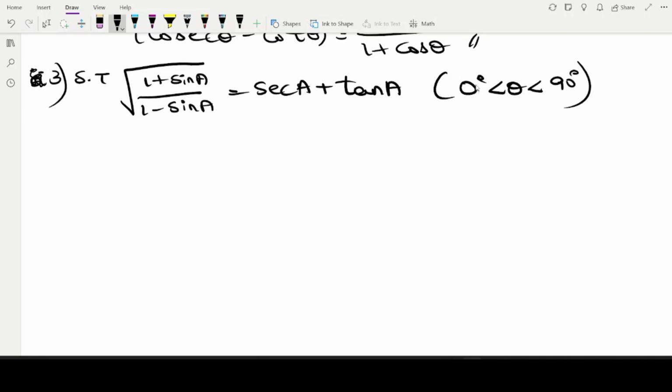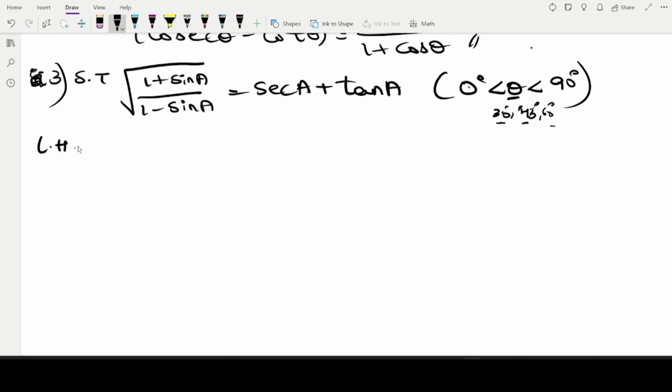So the value has to be greater than 0 degrees but less than 90 degrees. So the angle should be between, for example, 30, 45 and 60 degrees, and not 0 and not 90. So let us solve this.